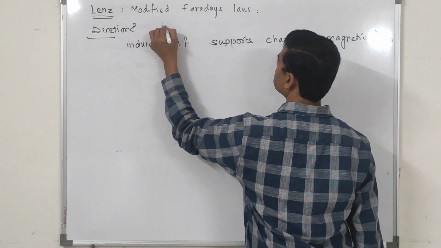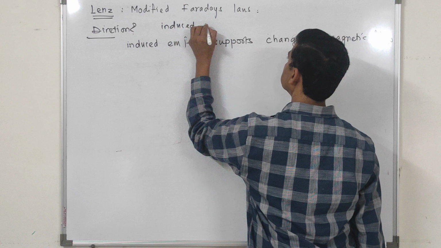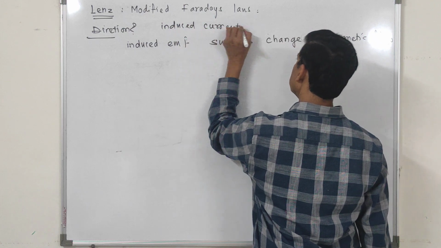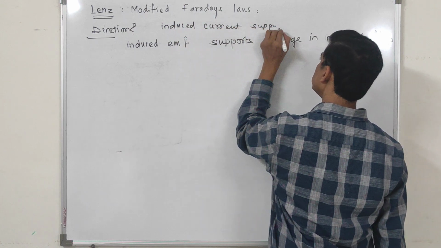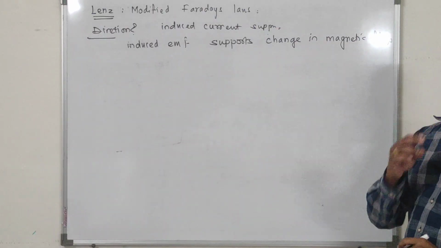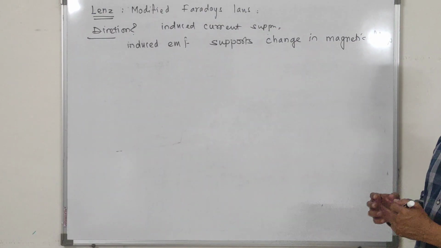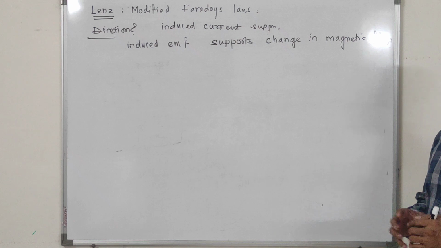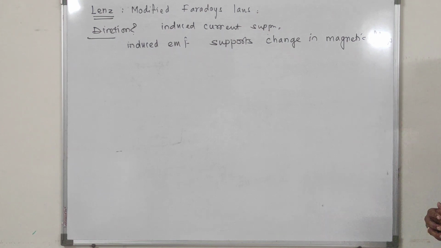Induced current supports the change in magnetic flux. Induced EMF supports the change in magnetic flux. So what we are considering here is that the direction of induced current or induced EMF in the coil is in such a way that it supports the change in magnetic flux associated with the coil.